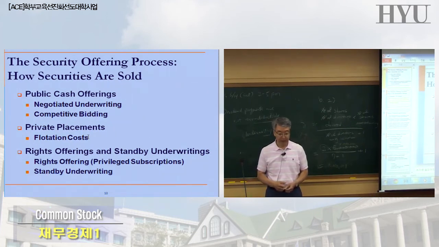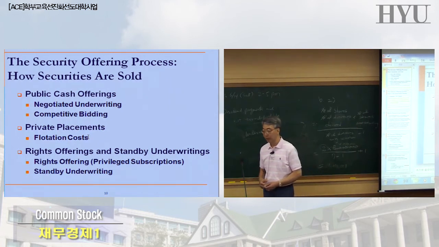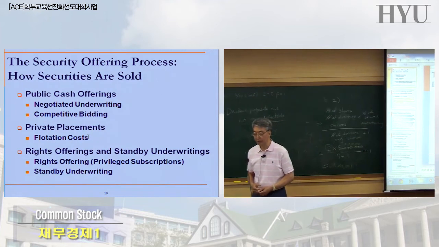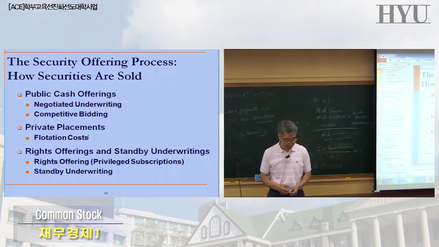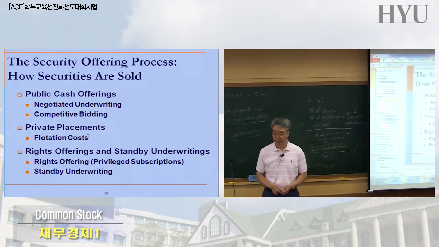Competitive bidding is typical in more public companies, or publicly regulated companies, like electricity utility companies and railroad companies. In Korea, I think there is a corporation called LH. What does the LH stand for?